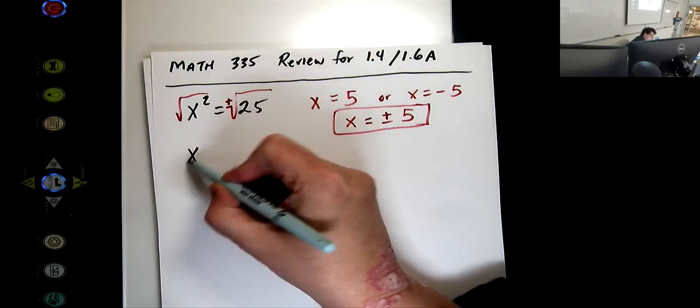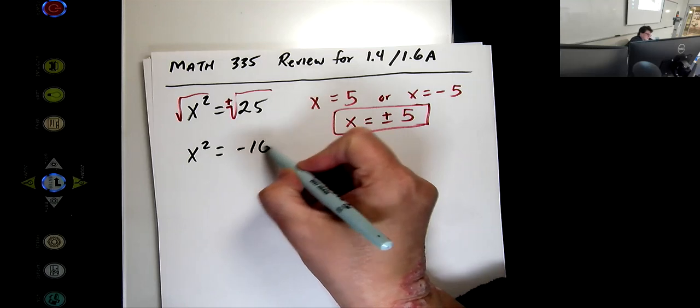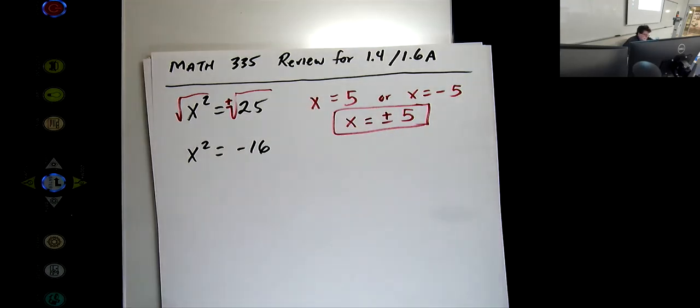Okay, x squared equals -16. What can I do here?